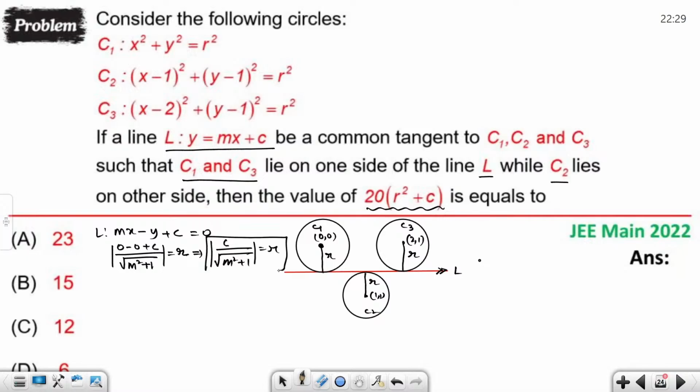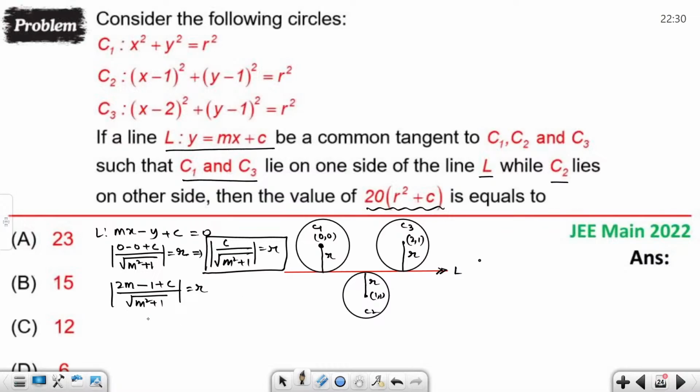Right? Now, let us consider the circle C3. Again, from the center you are drawing a perpendicular on this tangent. So what is the perpendicular distance? It's 2m minus 1 plus c divided by root over of m square plus 1. And mod of that is nothing but the radius. Clear?